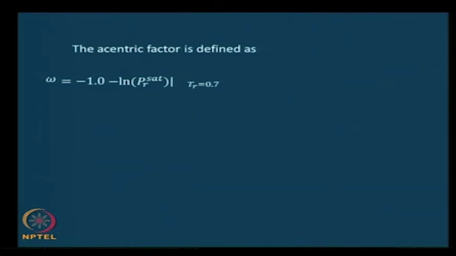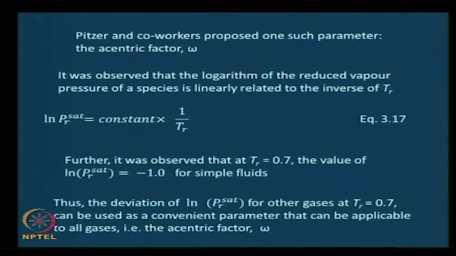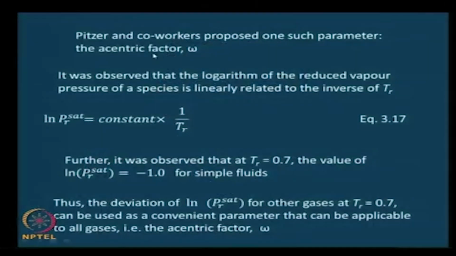Let me repeat this once again for completeness. The 2-parameter theorem said that at the same reduced temperature and reduced pressure, all gases have the same compressibility factor, and then they found that that theorem was applicable only to simple fluids and not to all gases, and therefore the way of improving the 2-parameter theorem was to bring in a third parameter, and the search for the third parameter led to something called an acentric factor by Pitzer and co-workers.